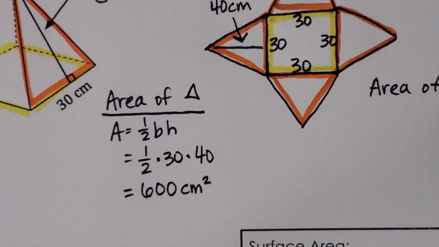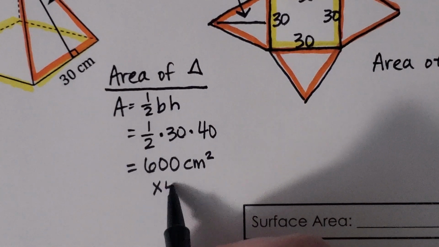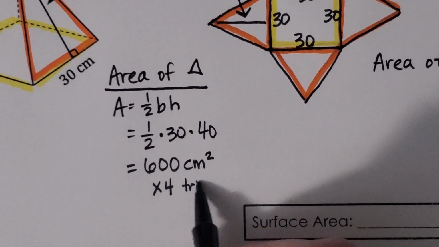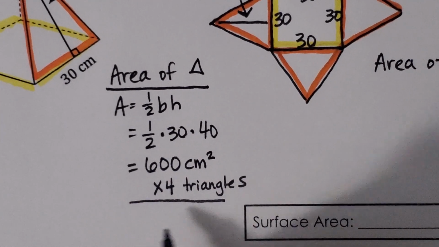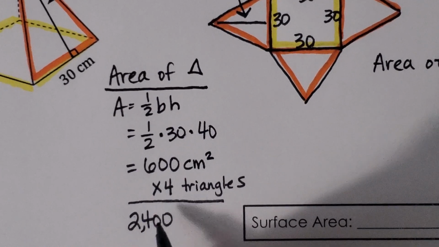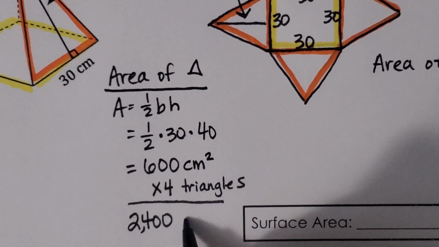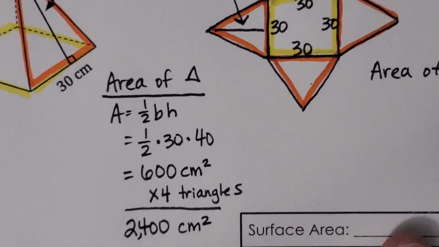So since I have 4 of these triangles, I'm going to take this number and I'm going to multiply it by 4 to show that I have 4 of those triangles. So I have a total of 2,400 centimeters squared just in the 4 sides alone.